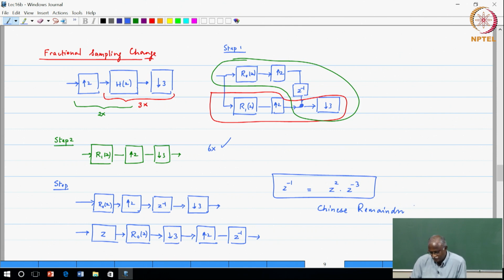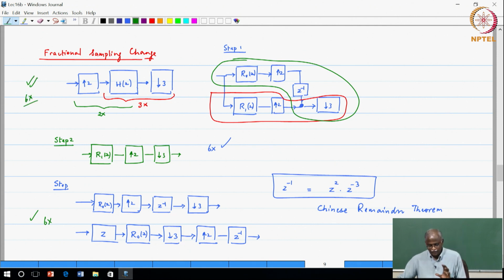So, we will just use that, Z inverse is simple enough that we do not have to work too hard to get it. Of course, there are several other applications where this comes in. So, with this structure, you will get the factor of 6x. So, the lower branch also gets a 6x advantage, and we will put a tick on that. So, overall you did get a 6x.